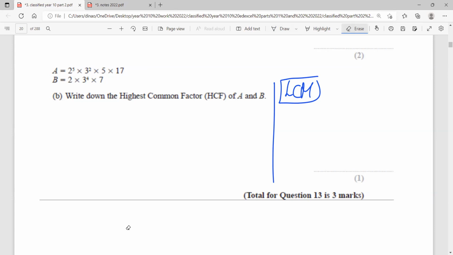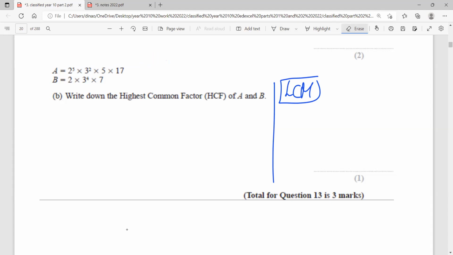Look, I'll speak in slow motion. If the numbers are factorized like this, how do I find the HCF and LCM?